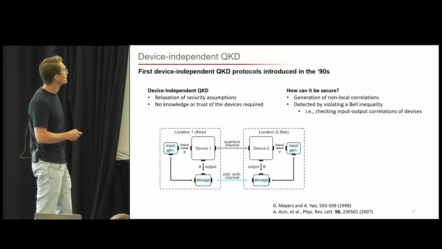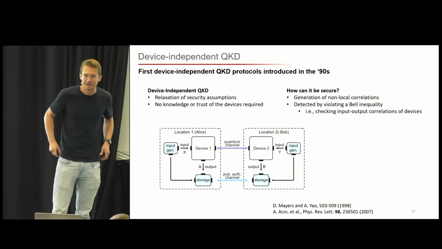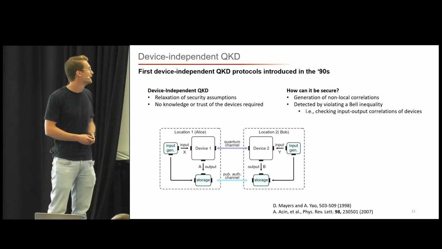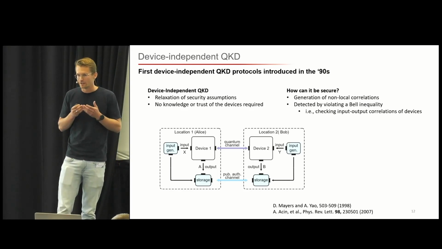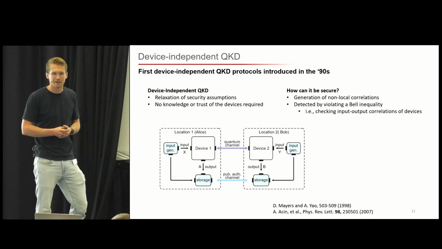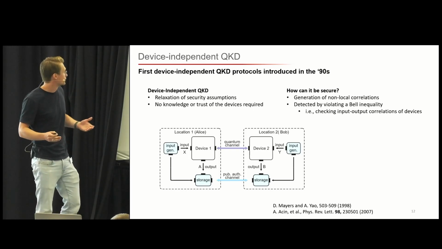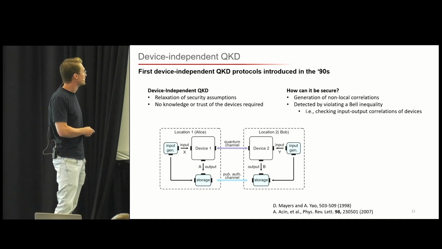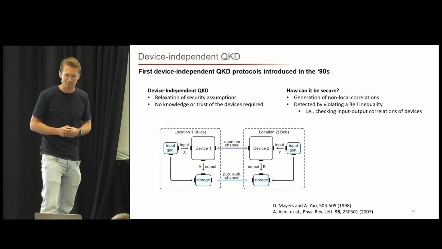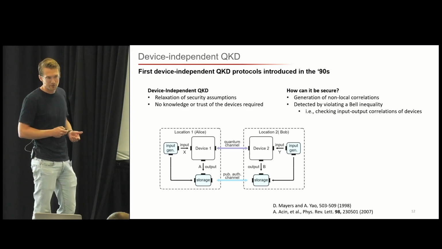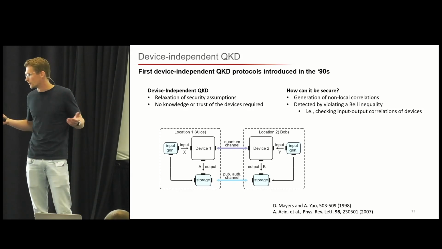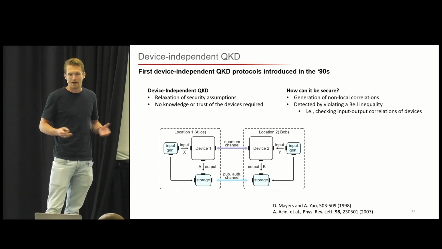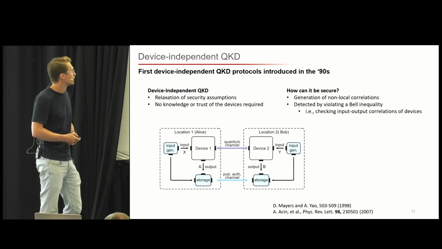So then in the 1990s, there was actually an idea to overcome all these issues, and that was device-independent quantum key distribution. And this gives a relaxation of the assumptions that you need to make about the devices. So for example, you don't make any assumptions on how the devices work themselves. How can it then still be secure? If the 2 devices share an entangled state, then you can observe non-local correlations by violating a Bell inequality.